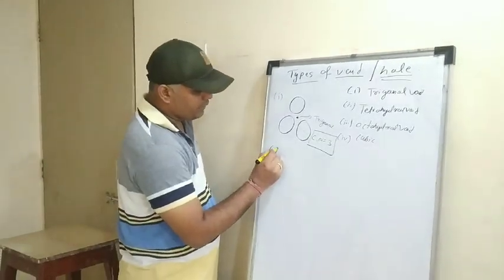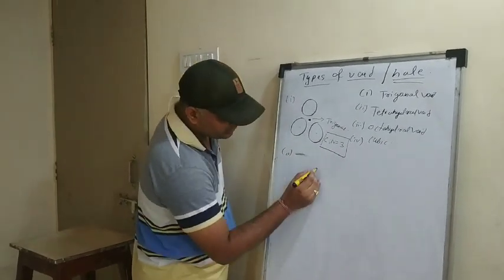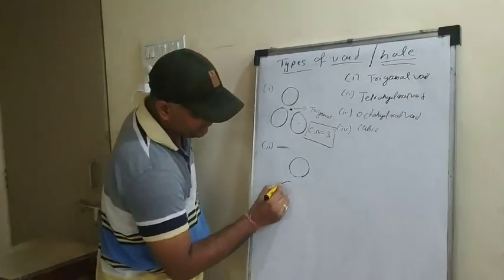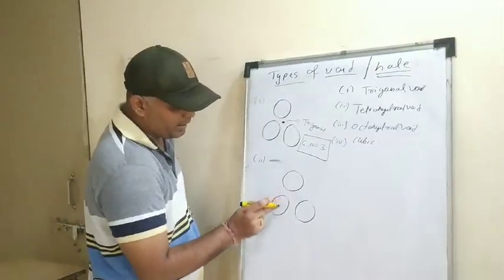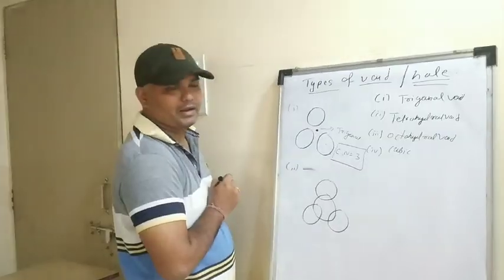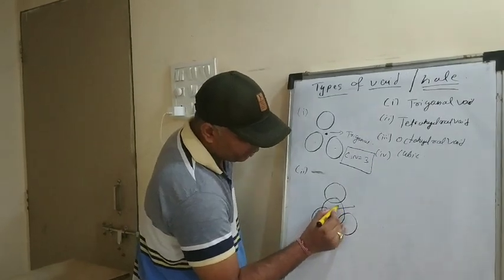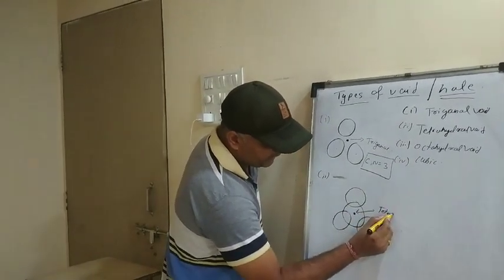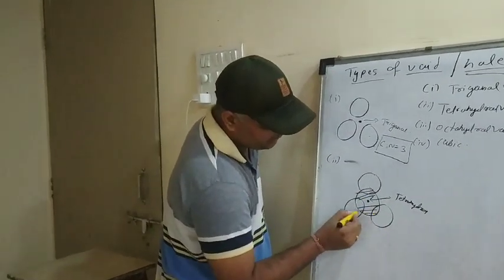Okay, let's move further. Second one, tetrahedral void. See, one constituent particle, second constituent particle, third constituent particle. So 1, 2, 3, and above this there will be one more constituent particle. So this particular void becomes the tetrahedral void. I'll make it in the form of shades.